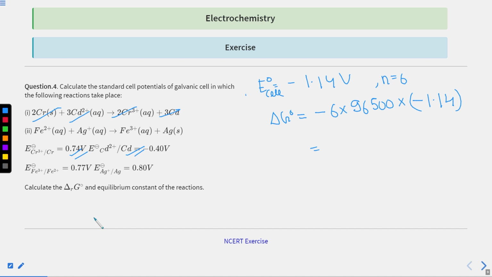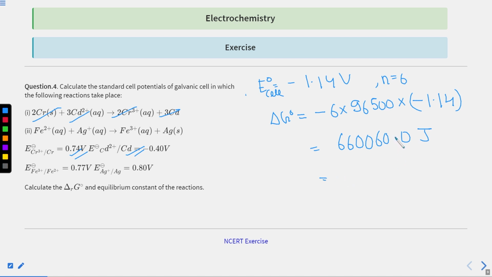So 6 multiplied by 96500 multiplied by 1.14 will give a value of 66006. Now one more suggestion from my side: since it is coming in joule, try to write this in kilojoule always, unless it is mentioned in the question.